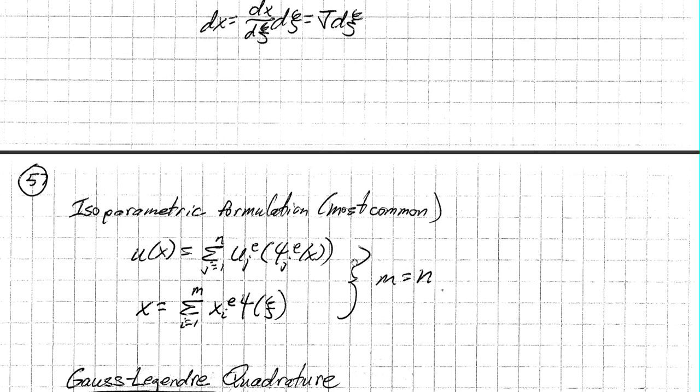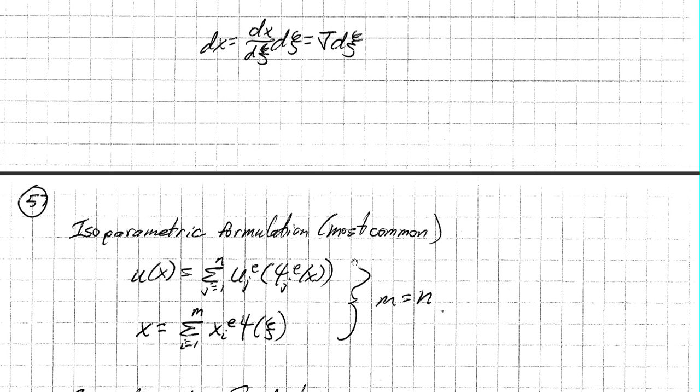So in summary, the most common form that we use is called an isoparametric formulation. In that case, your solution is approximated by a number of interpolation functions, j from 1 to n.